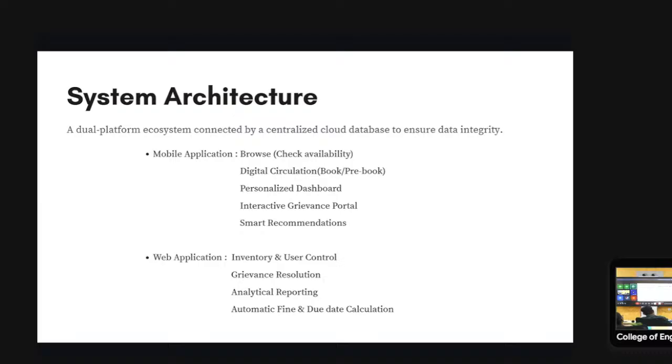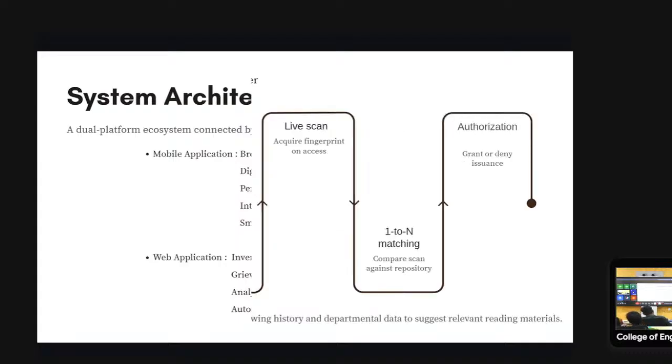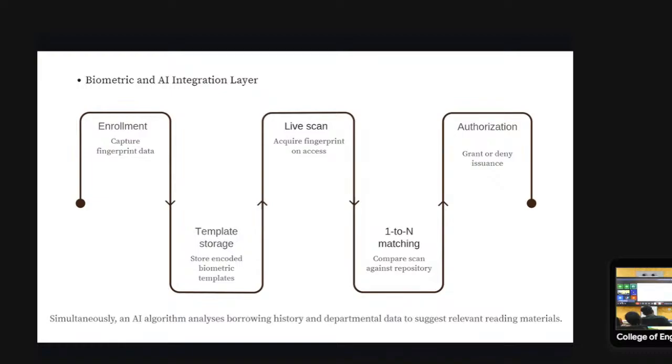In the case of the web application, the librarians have inventory and user control, and there is a grievance resolution system. The librarians can also generate reports, and manual tasks like fine and due date calculation are all automatic in the web application. Now, talking about the third component, the biometric and AI integration layer, this is basically how the biometrics works.